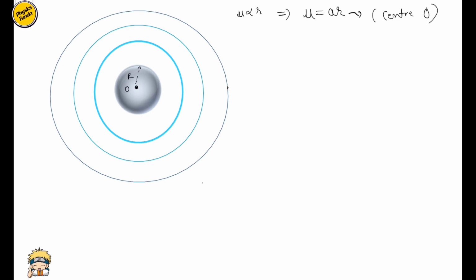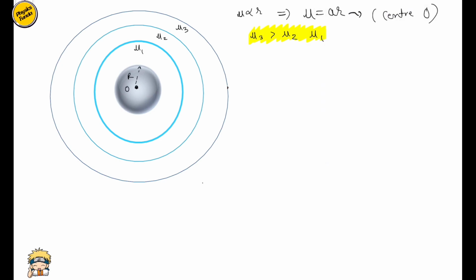So let's say the refractive indices of these lighter blue circles are mu1, mu2 and mu3. My mu3 value will be greater than mu2, which is greater than mu1. As we move far away from the center of the sphere, my refractive index will keep on increasing.